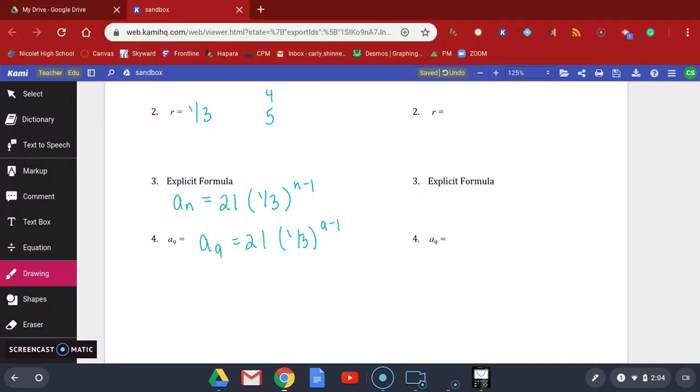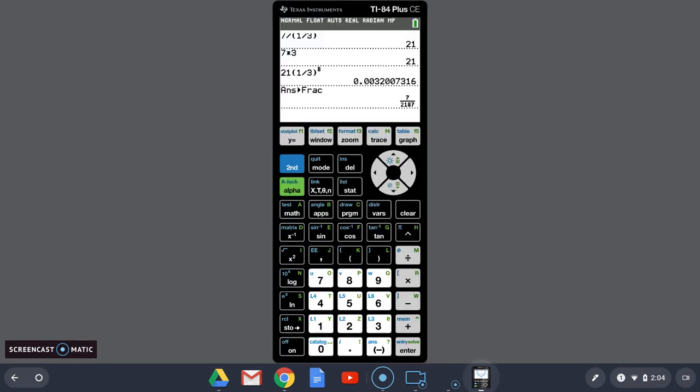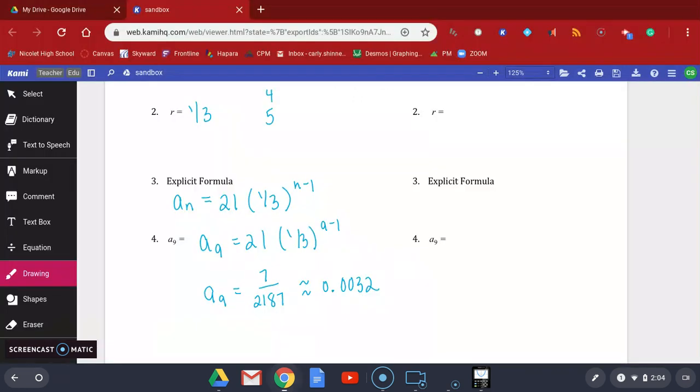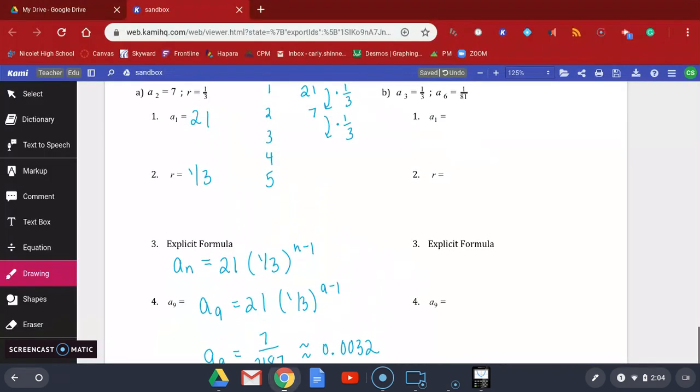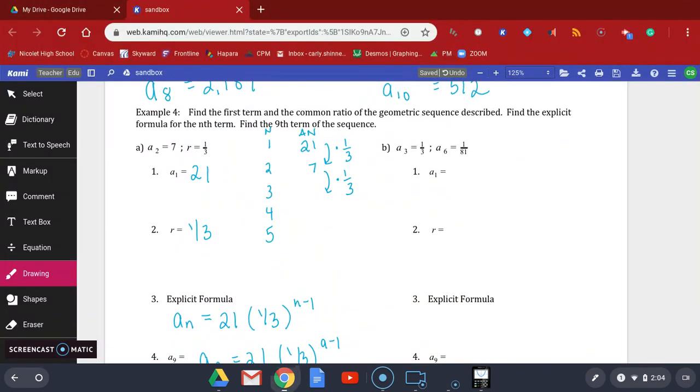So I get the 9th term is 7 over 2,187. If you like it as a decimal, it would be 0.0032 just about. All righty. The little tricky part is working backwards to get to that first term here, folks. So just think, reverse it, undo it, right, to go backwards, okay?